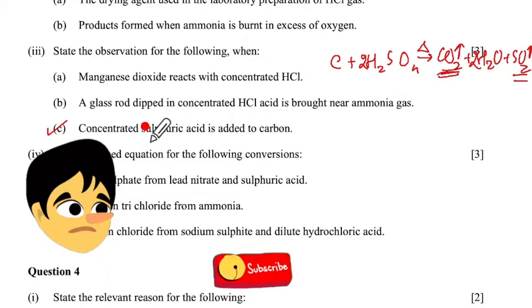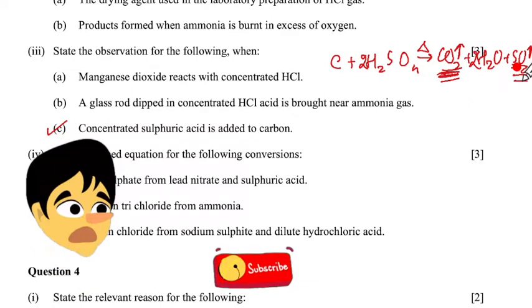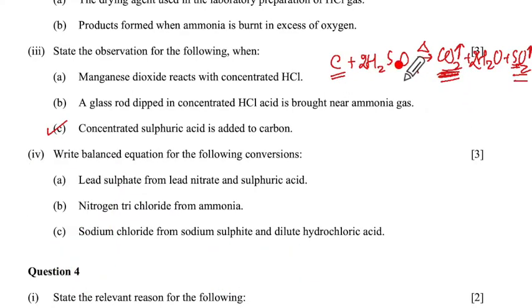So carbon, when you are adding the liquid concentrated sulfuric acid, it is going to produce effervescence of CO2, which will be colorless and odorless gas, but also SO2 will be evolved. So it will not be really odorless. This will have the odor of burning sulfur. It will have suffocating odor. So because we have added H2SO4 to carbon, we will have CO2.